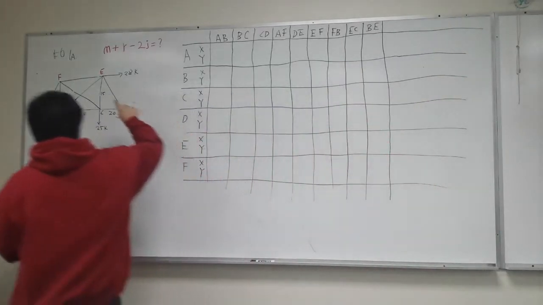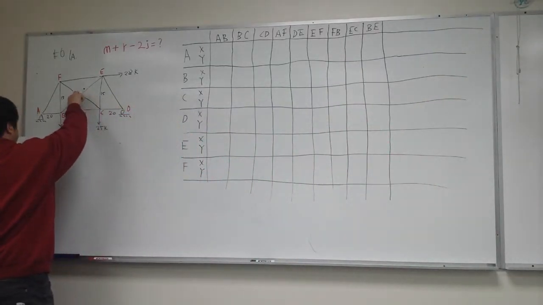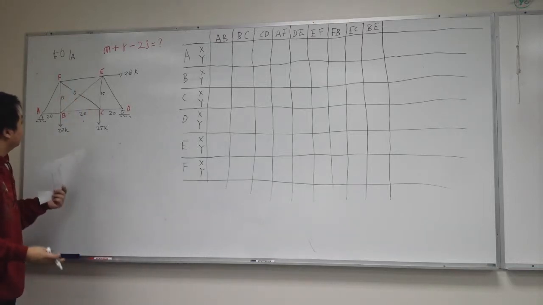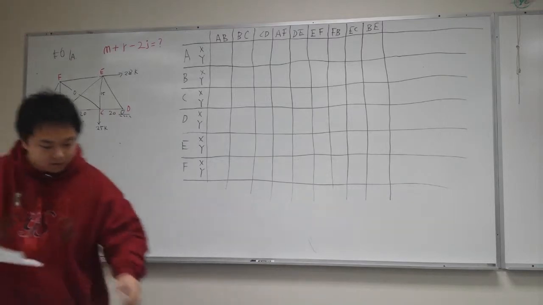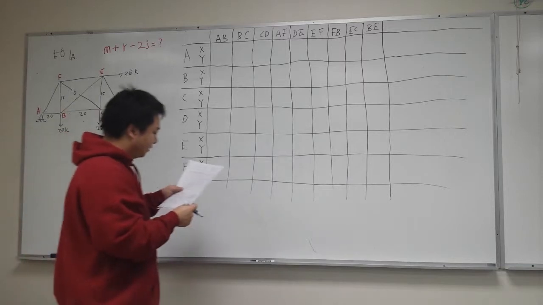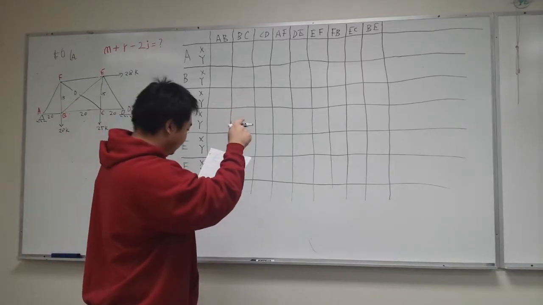So we choose this as your redundant. You erase this and you put 0, because you remove it, so of course the force is going to be 0. So you have that. So you're going to have BE.